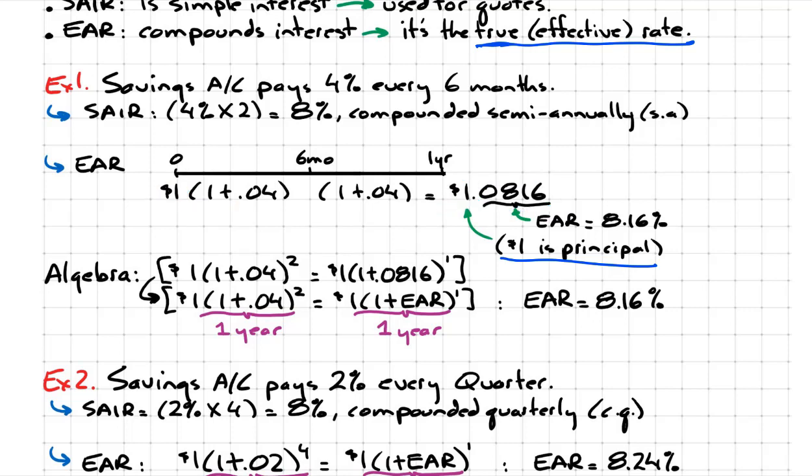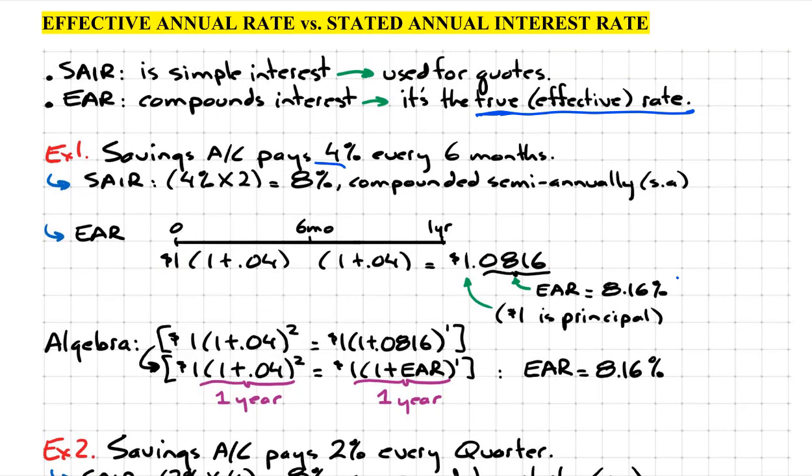And notice with this simple framework, I don't even need a formula, right? Because I know I started with $1. So if my return is 0.0816 on $1, that works out to 8.16%. So you see, ladies and gentlemen, even though the bank was quoting 8% as their SAIR or stated annual interest rate, the true or effective rate of return you earned during that period was actually 8.16.